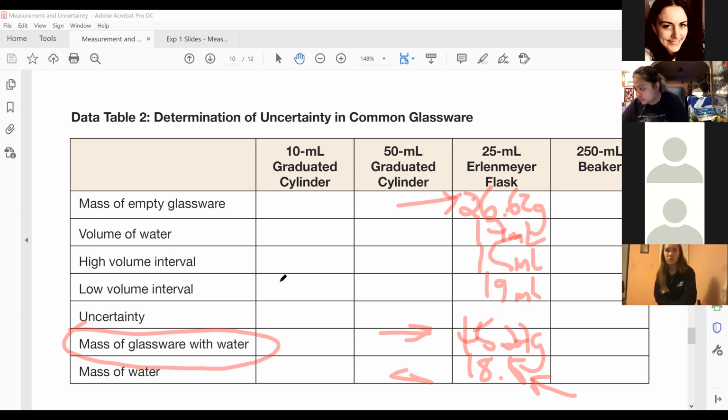Going from 9 to 10 is 9.2, 9.4, 9.6, 9.8, and then 10. And because the 50 mil is 5 times bigger, now the tick marks are also 5 times bigger. Instead of 0.2, now they're 1 mil each.